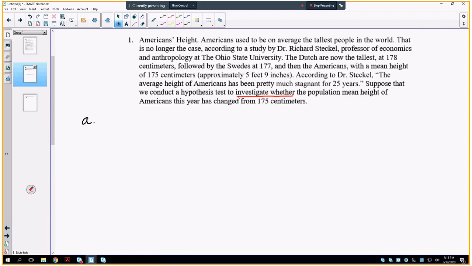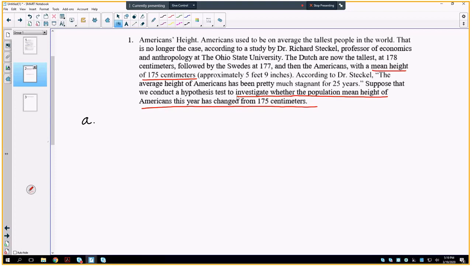We're investigating whether the population mean height has changed. So the thing that we're investigating. And maybe this is important, mean height of 175 centimeters.